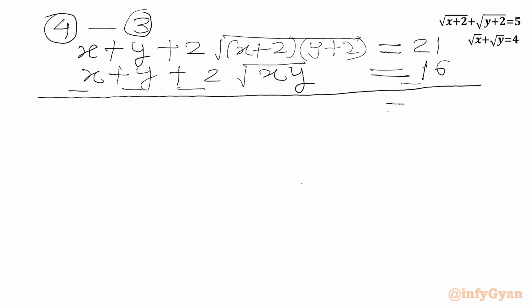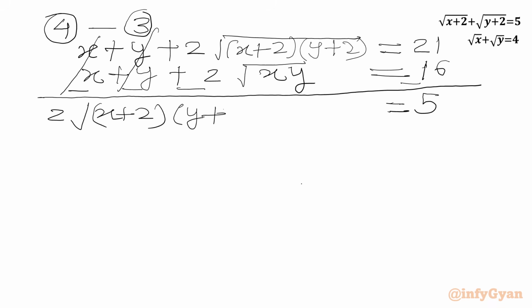In RHS 21 minus 16 is 5. Here we will cancel plus and minus x, plus and minus y. So we will get 2 times the square root of x plus 2 times y plus 2 minus 2 times the square root of xy.